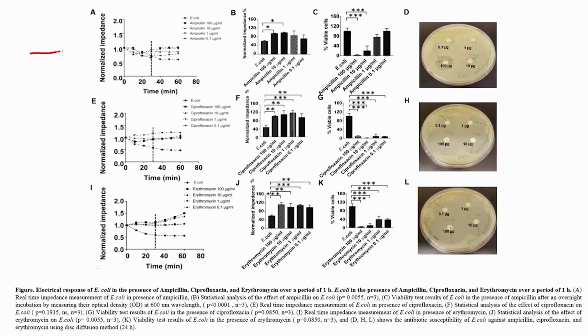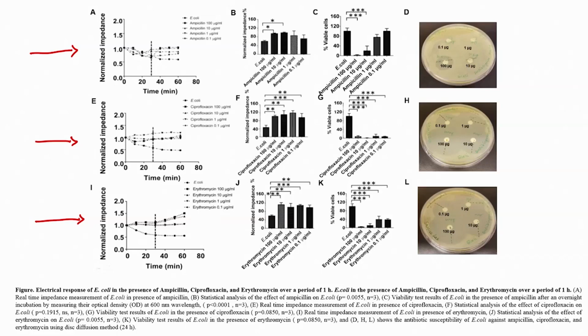You can see here we have tested different antibiotics. The first graph is for ampicillin, the second graph is for ciprofloxacin, and the third graph is for erythromycin, right. 3 graphs are here. A, B and C are tested for ampicillin, the first antibiotic.